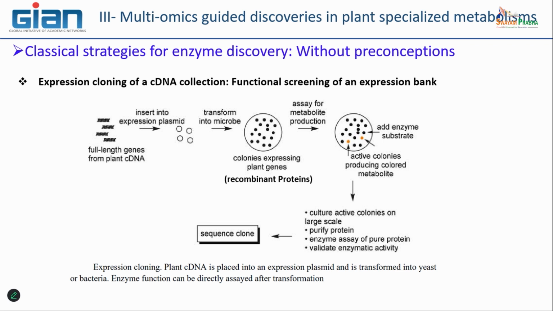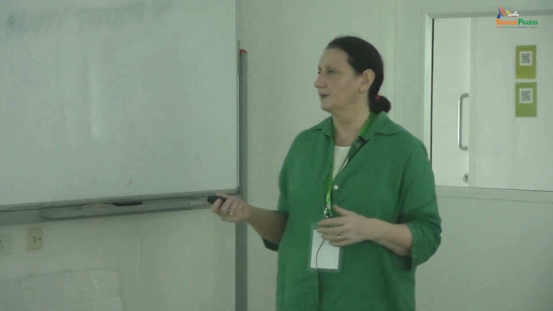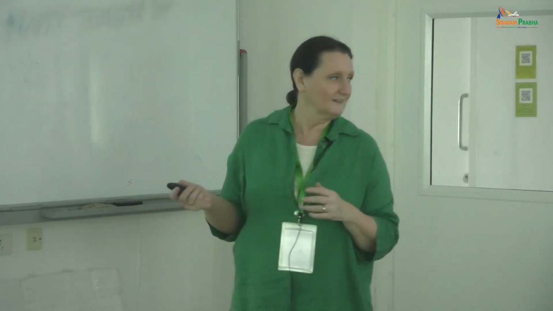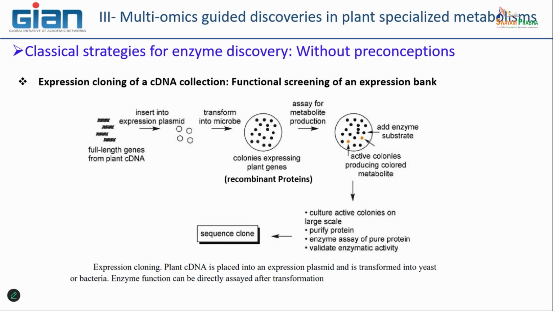So this is a very nice process to obtain directly the protein and the gene, but it can be limited by the screening you have to develop for this specific expression bank. If it is, for example, not a colored protein or metabolite, you need to find other types of screening systems.